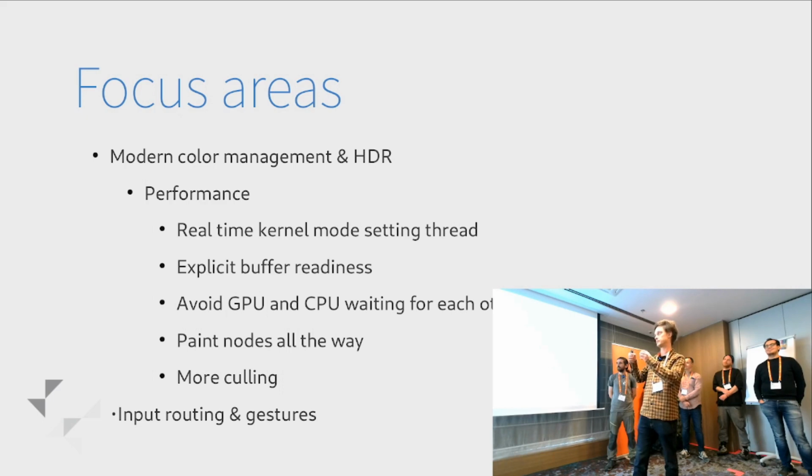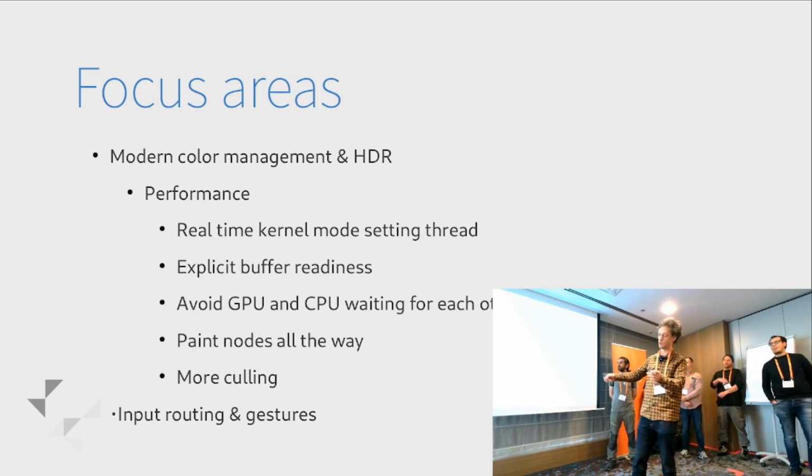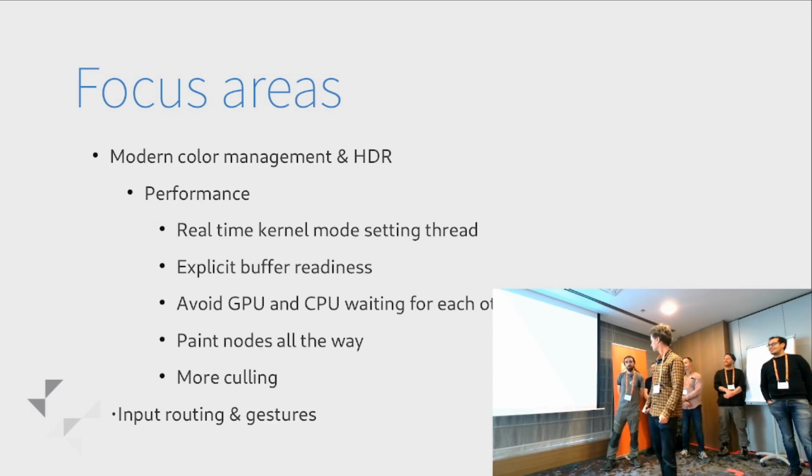In the past or in the current state, we'll push it away, but we will miss a whole cycle, and the CPU will wait for the GPU to do its job, and then it will have to wait for another cycle, and then we will have missed a frame. But the thing Daniel is working on is not waiting for a whole other cycle to do the next frame. So it means that the CPU will not be waiting for the GPU to do all its work asynchronously. And these are my items.